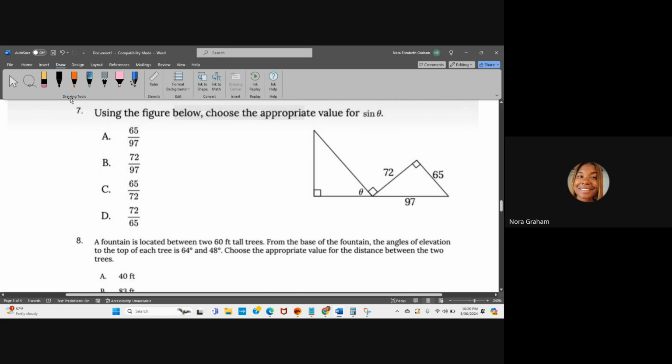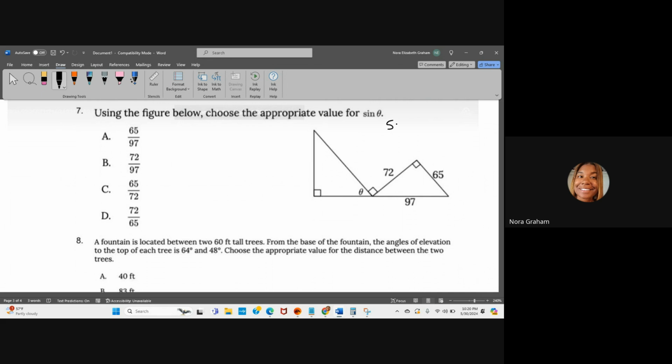So let's go. The first one, number 7: using the figure below, choose the appropriate value for sine of theta. For this one, we're going to be using our trig identities. Go back to some of my videos if you don't remember them, but for all your tests, if you don't remember them, you can always use SOHCAHTOA.